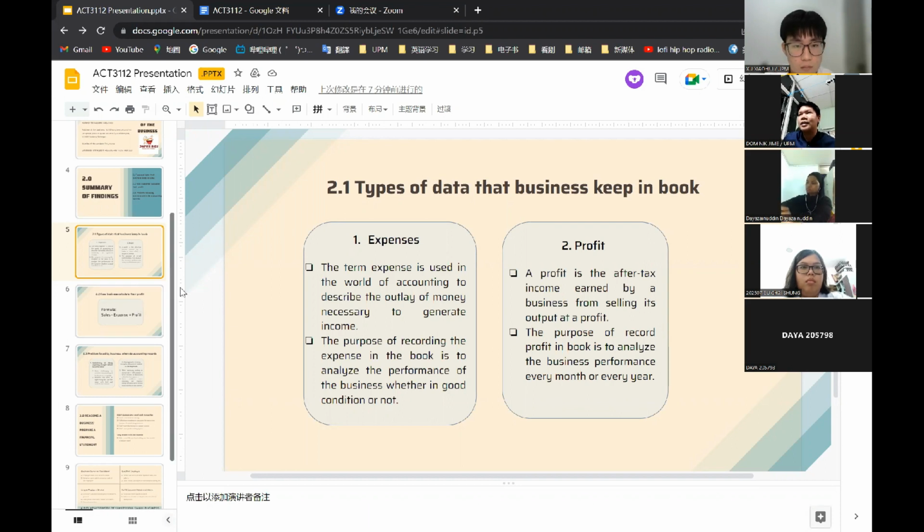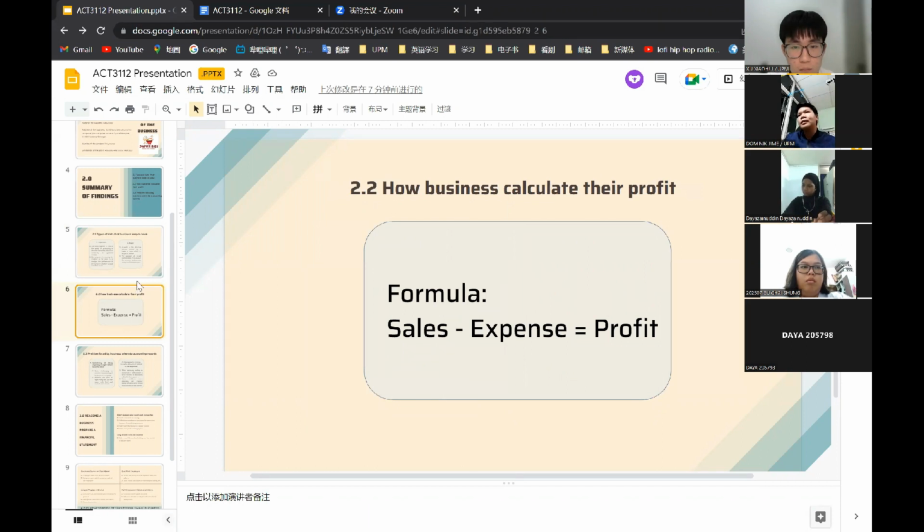And the second data is profit. A profit is the after-tax income earned by a business from selling its output at a profit. In the context of market production, profit is a metric of success that represents the owner's primary stake in the generation of income.